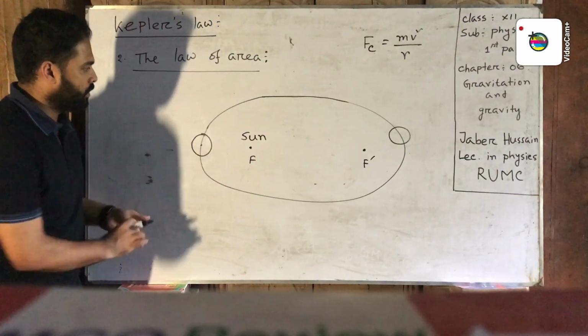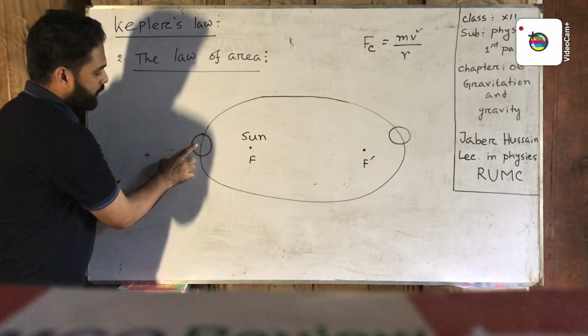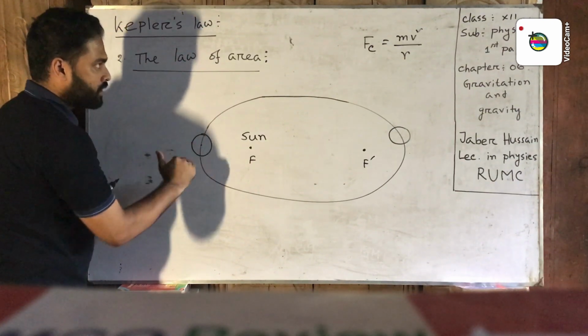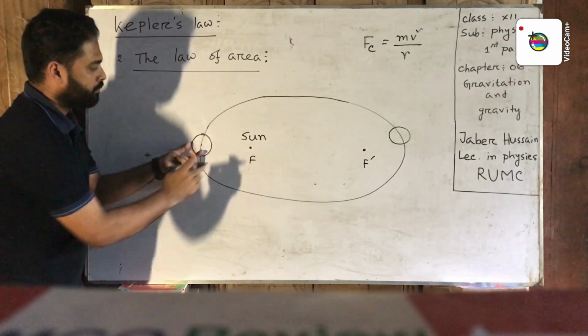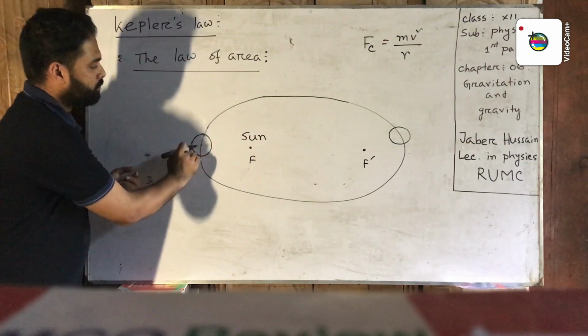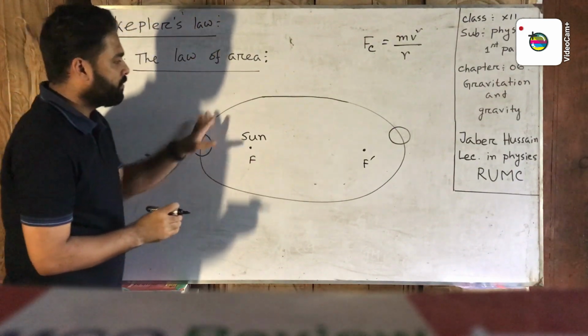In this region, the gravitational attraction force on the planet by the sun will be greater. For this reason, the centripetal force on the planet will be greater. For this reason, the planet moves fast in this region.